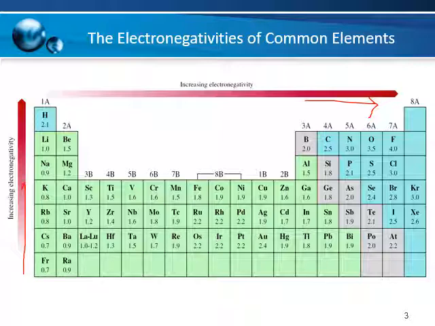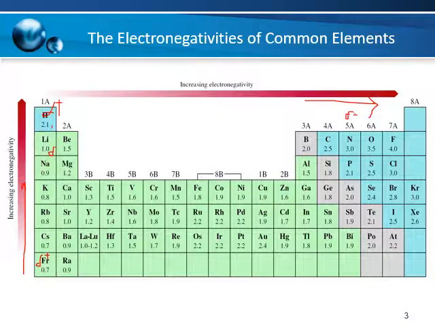Meaning that this one is much more electropositive compared to this one. Compared to lithium, for example, this is more electronegative. But when we compare hydrogen and N, for example, hydrogen is much more electropositive compared to N, which is much more electronegative. That's an example.